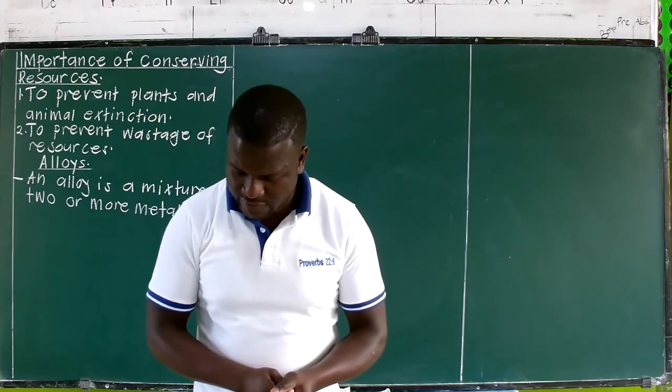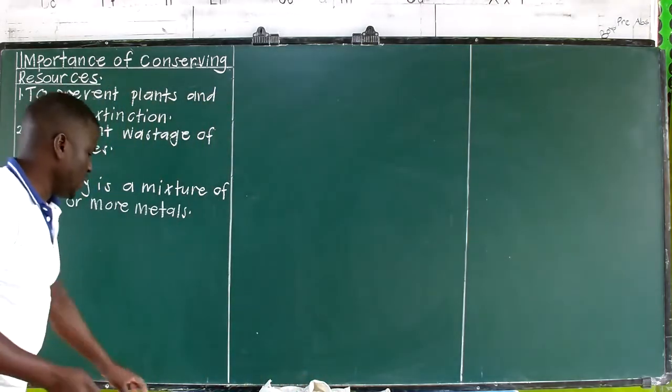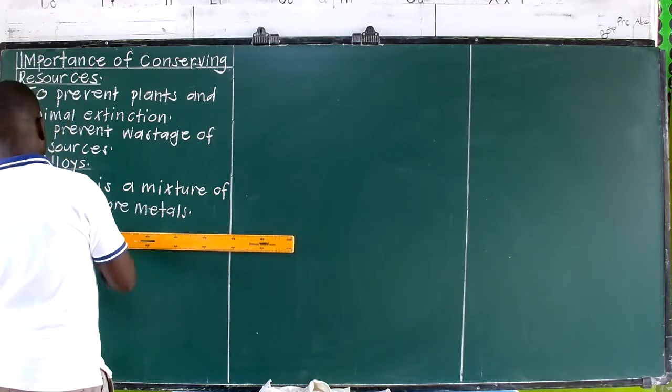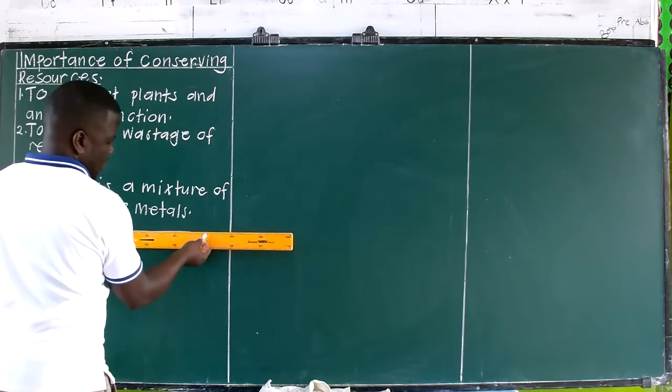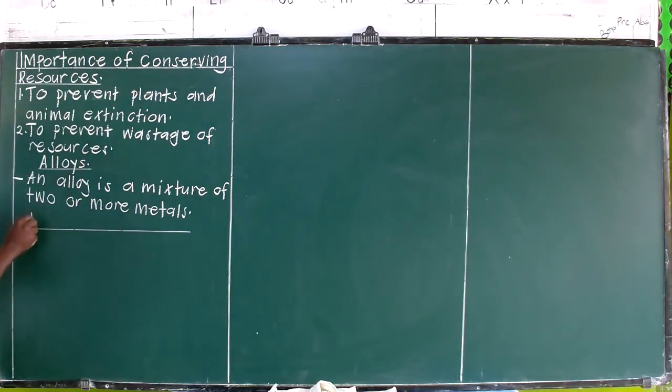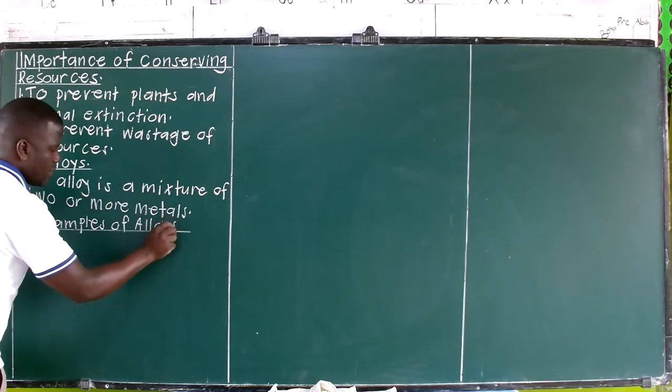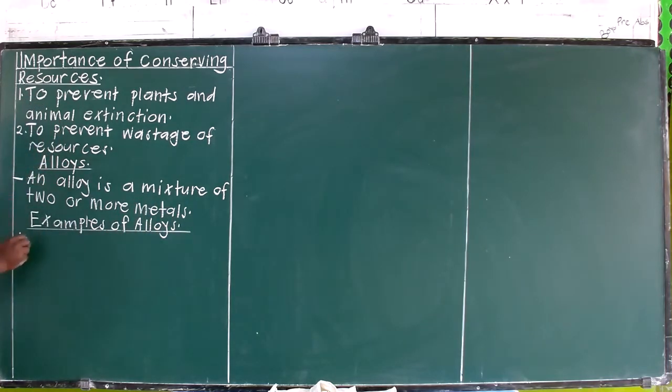We have examples of alloys. One, we have bronze.